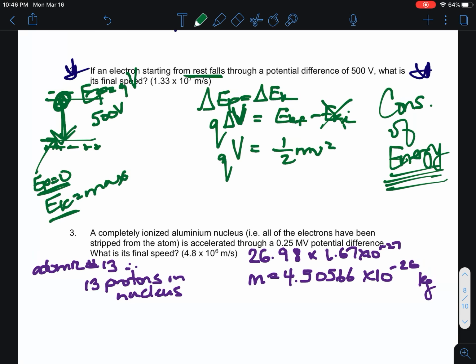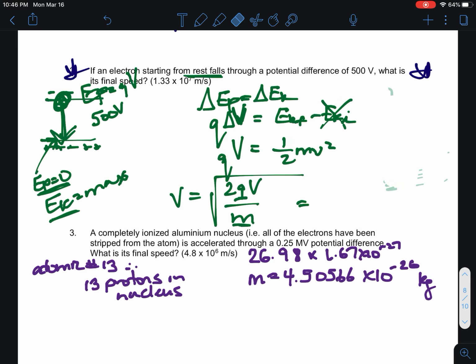Now what you're trying to do here is get its speed, so you will rearrange to the square root of 2QV over m. This is an electron. The charge on the electron and the mass of the electron will both come off of your formula sheet.